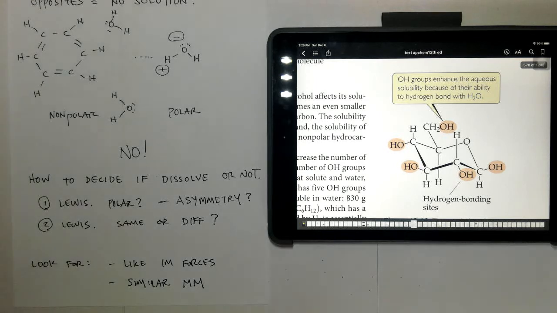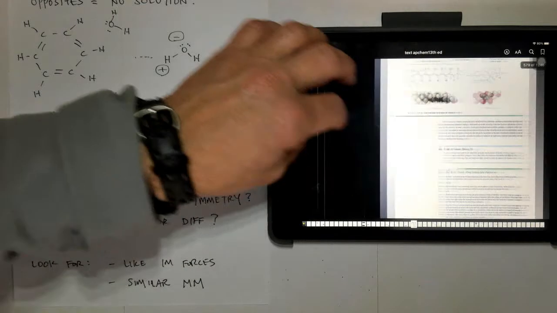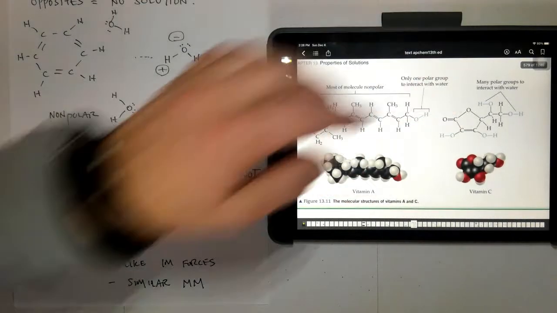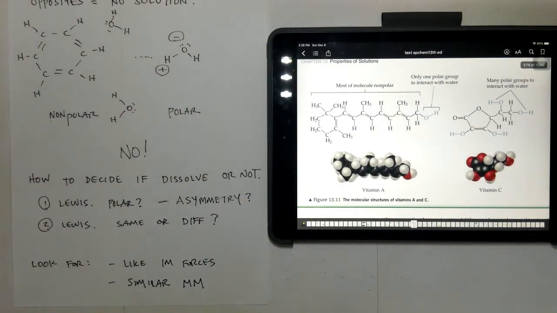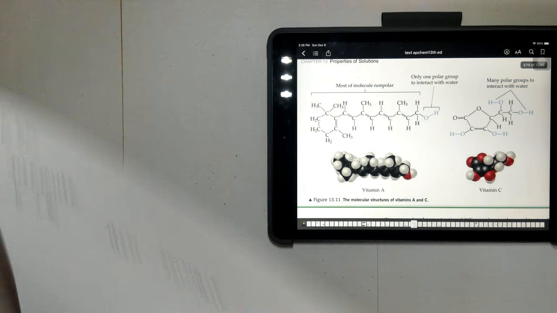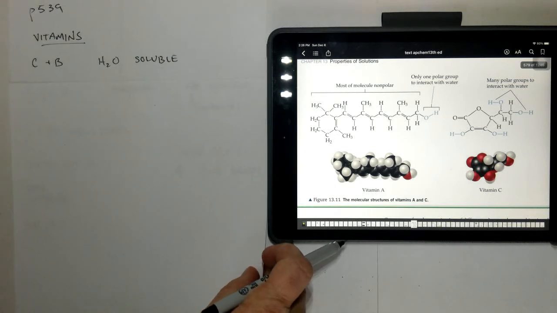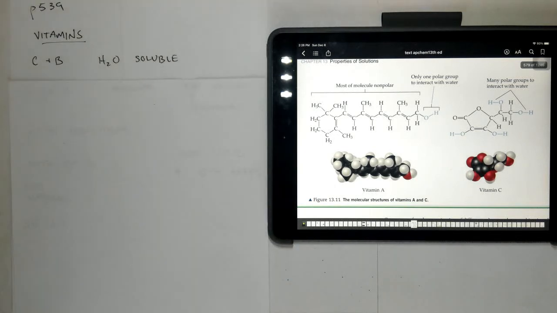All right, a couple of real-world examples here. On the next page, we have 2 vitamins. As a general rule, vitamins C and B are known as water-soluble vitamins, and vitamins A, D, E, and K are called fat-soluble vitamins.